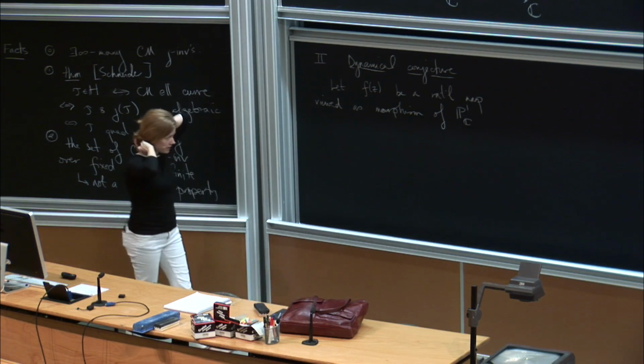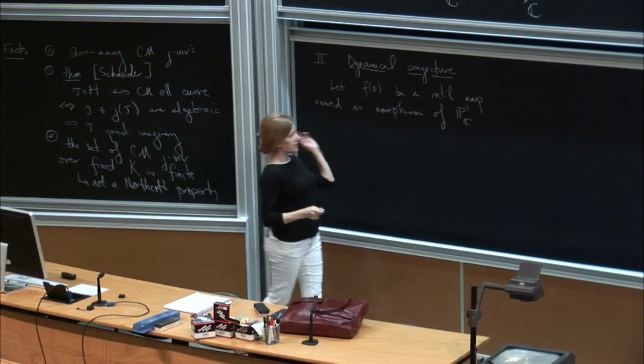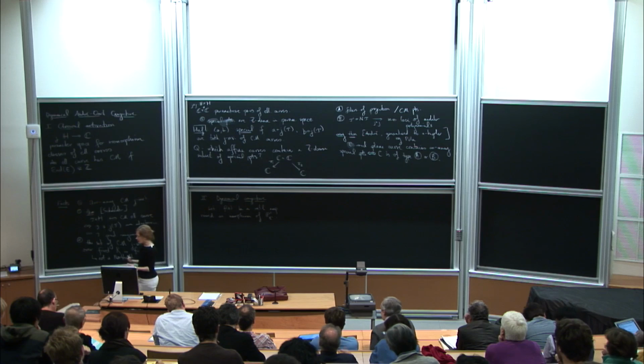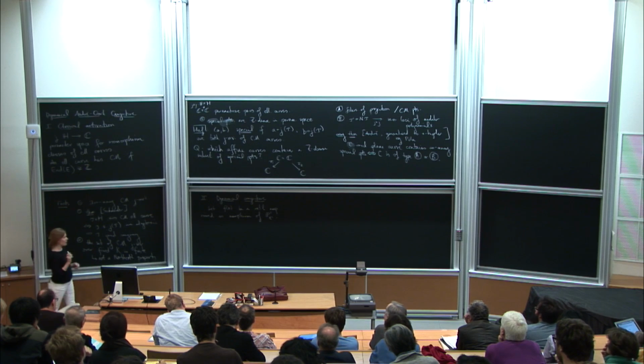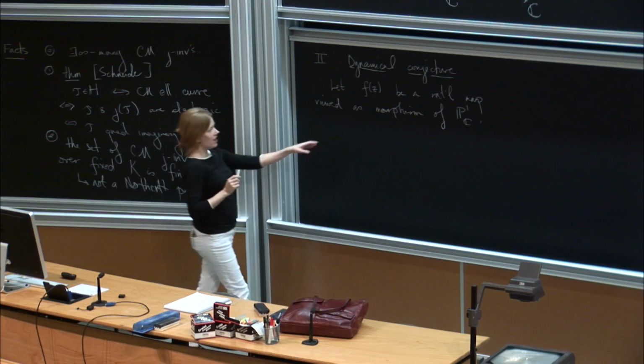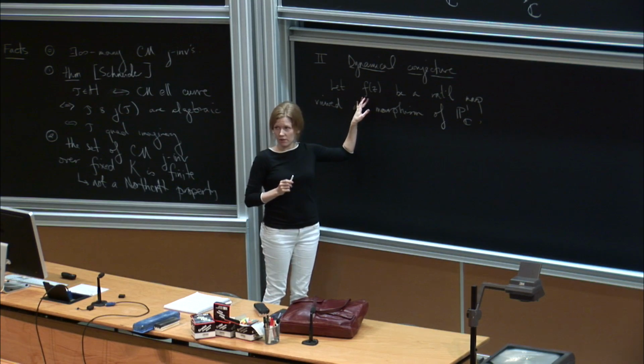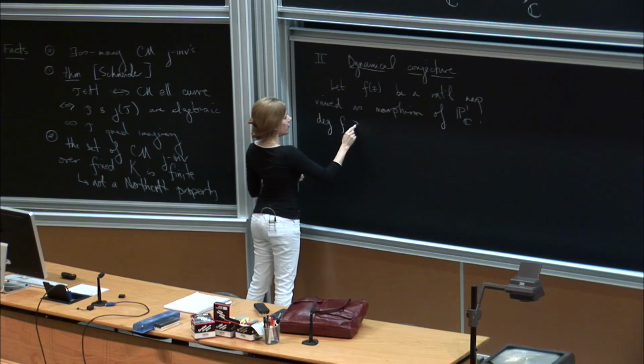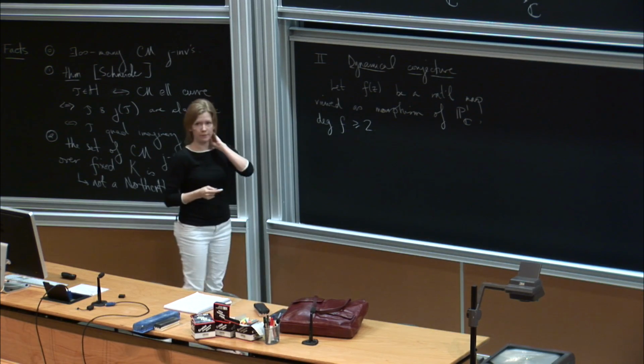Okay, so this is the basic object of study. To make things interesting, so when I say I'm interested in dynamical behavior, what I mean is that I'm interested in behavior under iteration by a map like this. Now, that behavior is not so interesting at all if the degree of this thing is 1, if we take an automorphism. So we're going to restrict our attention to degree of f being at least 2.